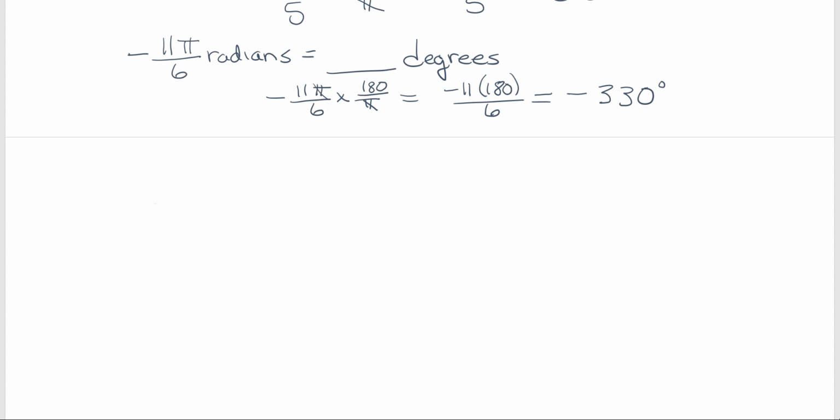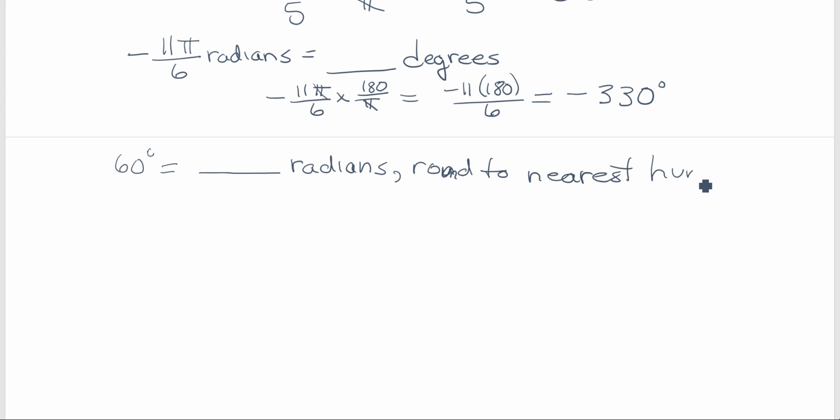Instead, let's say I have 60 degrees and I want to turn it into radians, but this time I want to round to the nearest hundredth. Well, I'm starting with degrees, so I'm going to multiply by pi over 180.